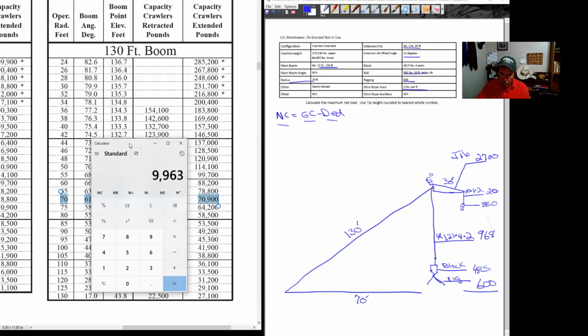Go ahead and record this. $9,963. Get my comma the right place there. And that's the total deductions that we're going to plug into our formula. And I'm going to go ahead and do that.